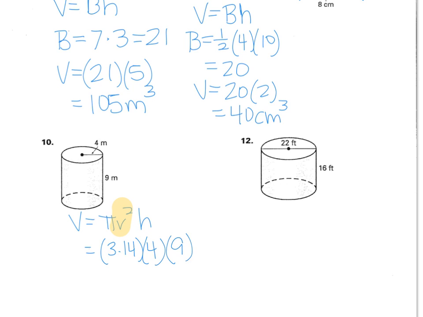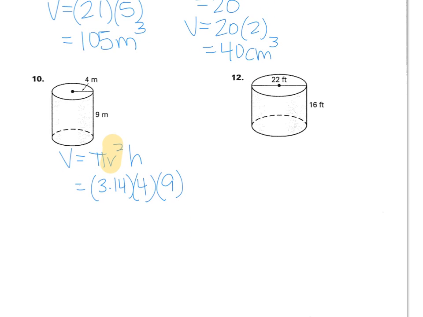Times the height. Multiplying that out, we get approximately 452.2, and again, cubic meters.